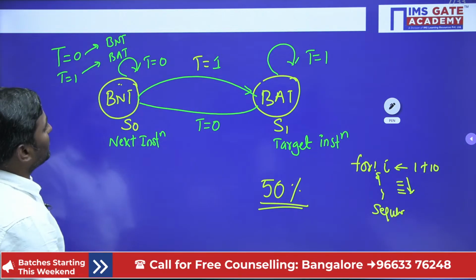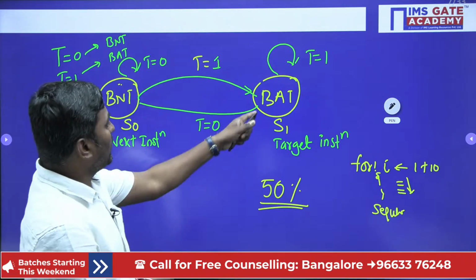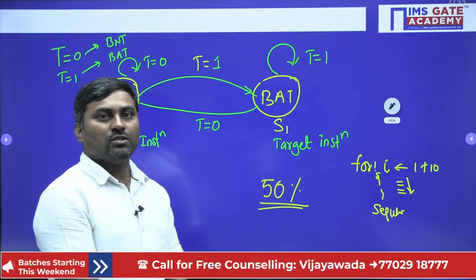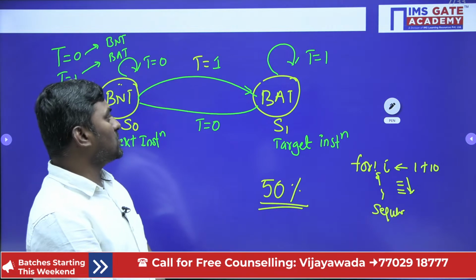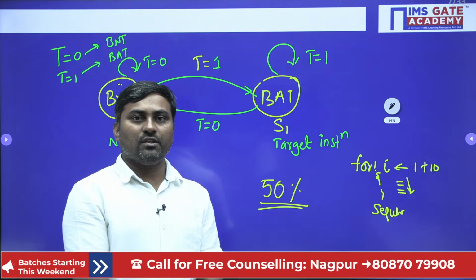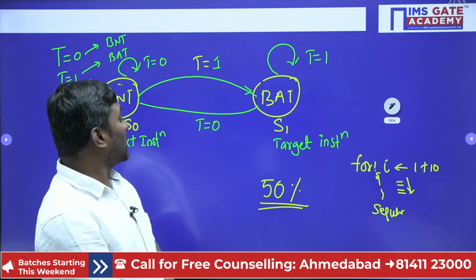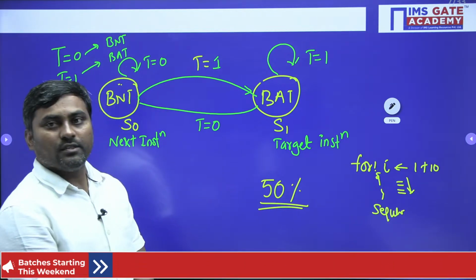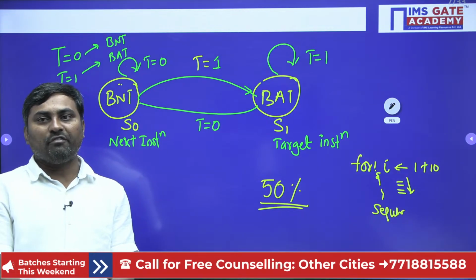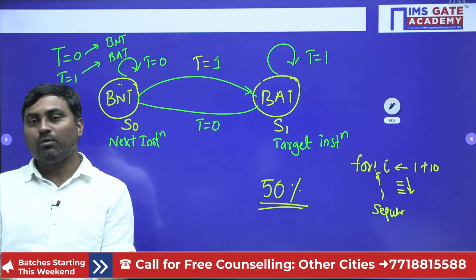Suppose you predict the branch is never taken, but it is taken. You move to the other state, where you predict the branch is always taken and place the target instruction. If it is taken, you stay in that state. If it is not taken, you have to change the state. I hope you understand. So note this down, and then we'll move on to problem solving.